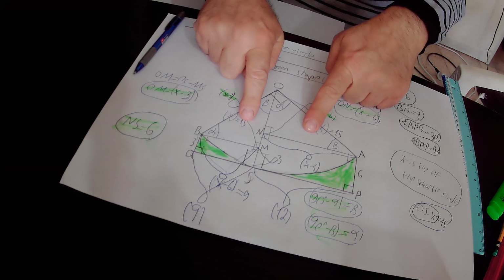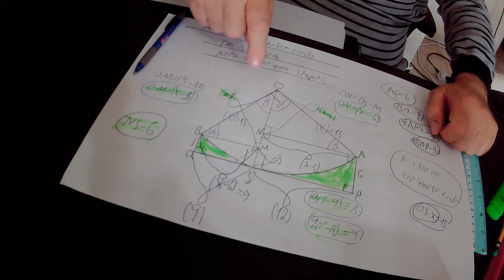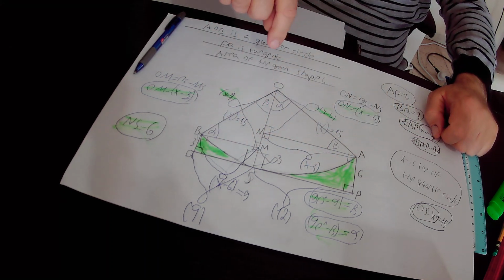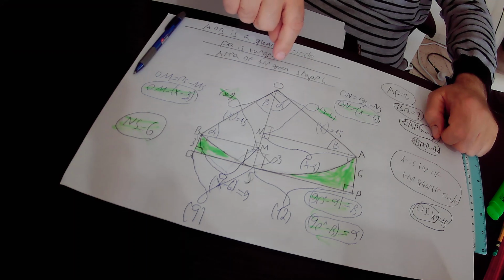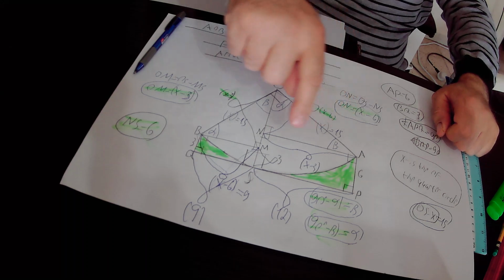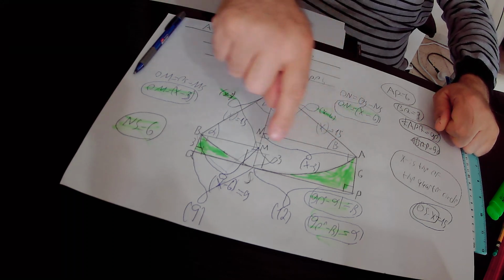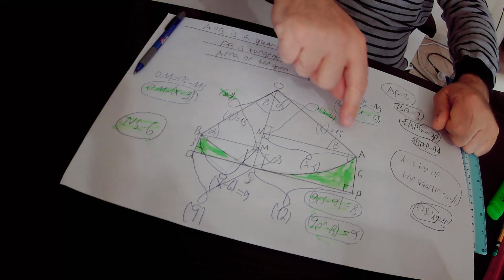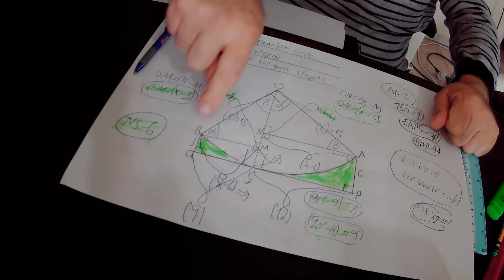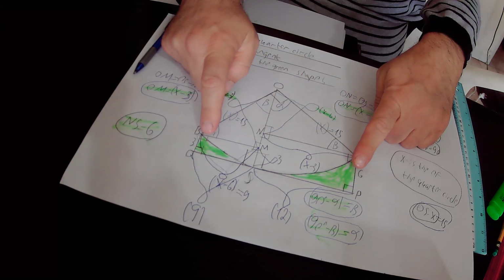So the sum of the areas of those two trapezoids will give us the area of the whole shape, and when we subtract the area of the quarter circle OAB from the area of the whole shape, it will give us exactly the area of this green shape.